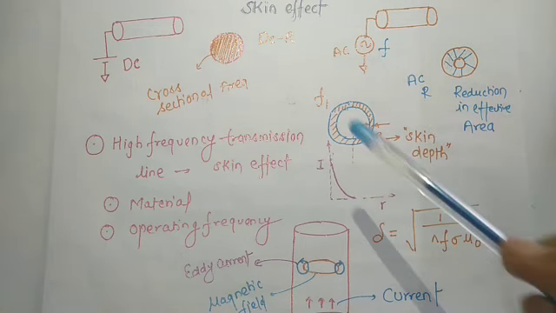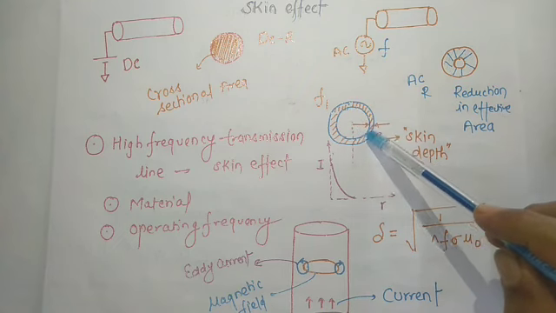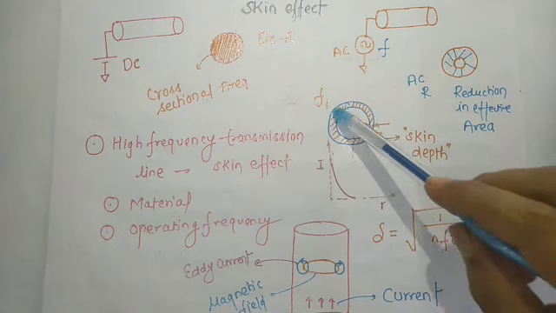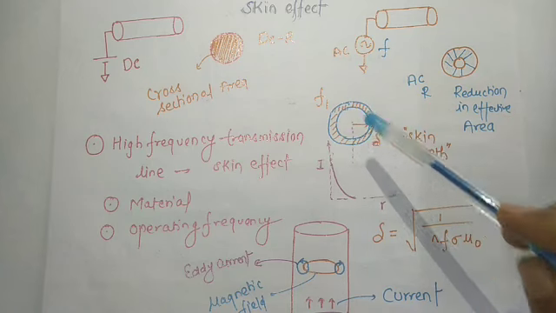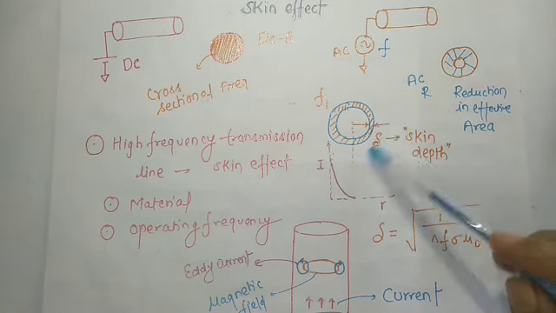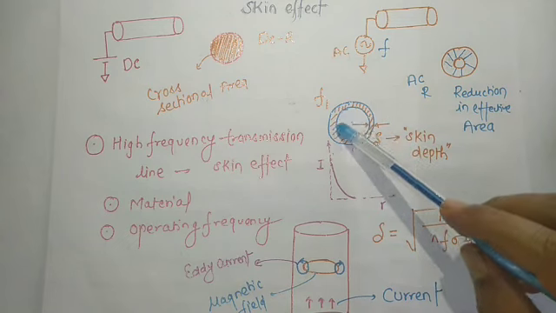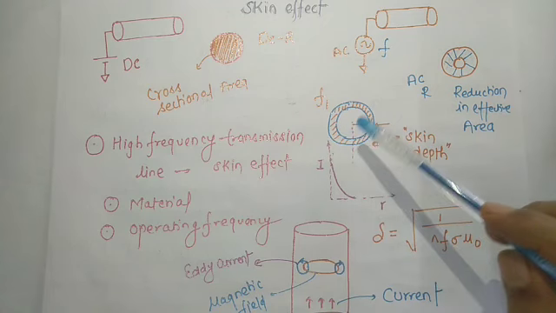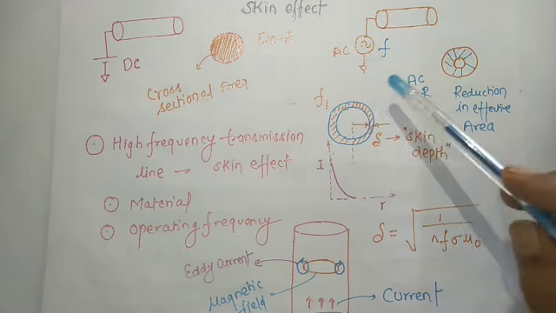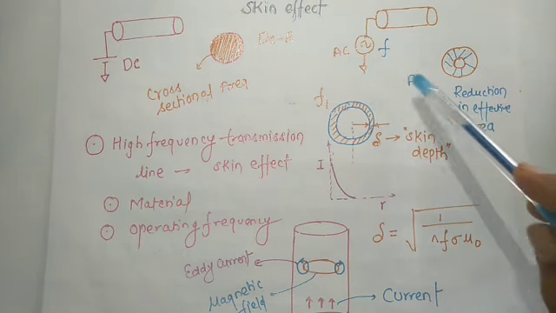If I increase the frequency, the effective area of the flow of current reduces again. Whenever I increase the frequency, the effective area reduces, meaning resistance increases, and we call it AC resistance because we have applied AC.